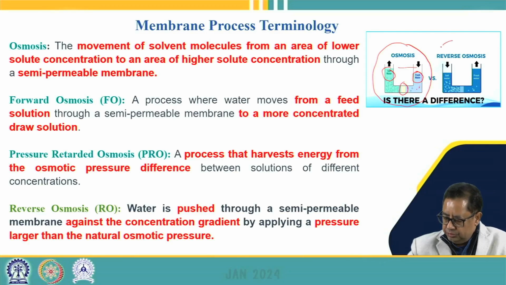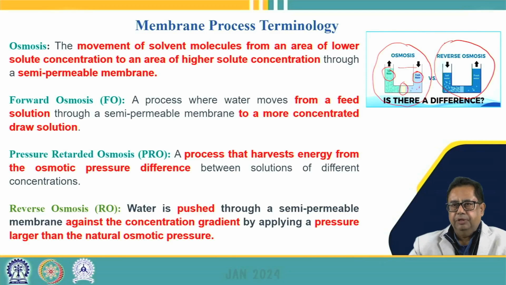Reverse osmosis means we have the reverse process happening here. When we move water from the higher concentration of solute towards the lower concentration of solute, we are going against osmosis and against the osmotic pressure.